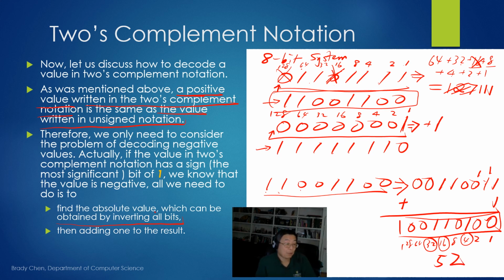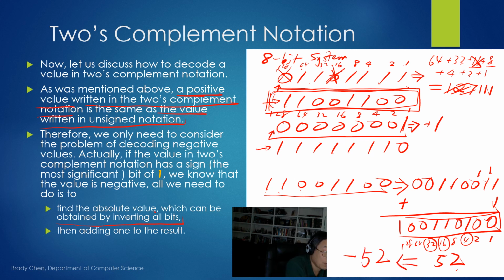So the absolute value for this two's complement representation is 52. So the value that this two's complement representation represents is minus 52, right?